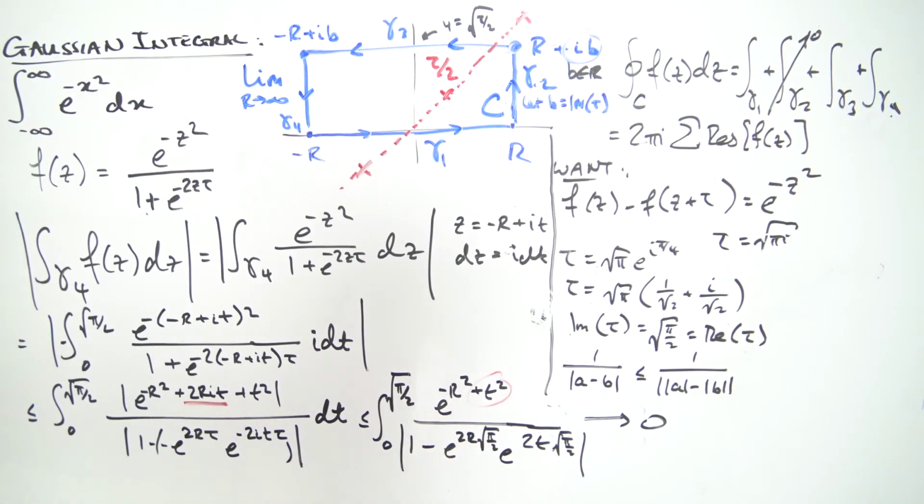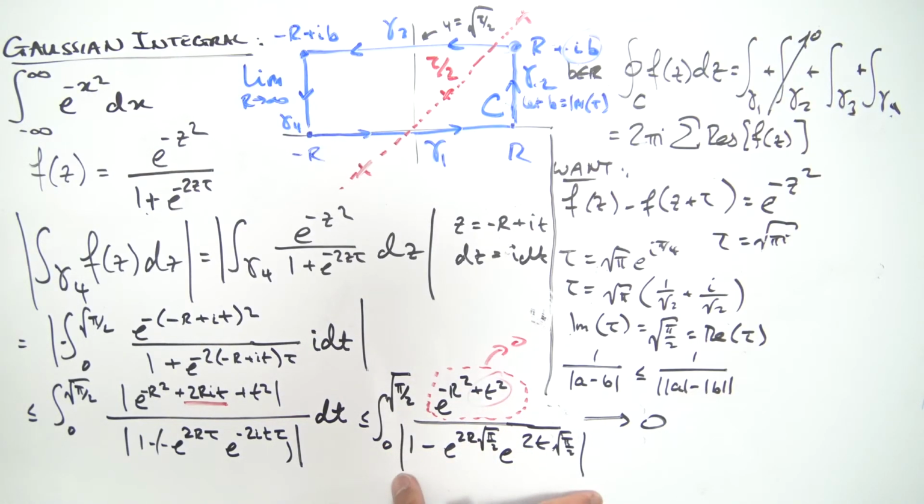gets bigger and bigger and bigger, we have an exponent that's getting smaller, so this whole entire numerator is going to approach 0 as r approaches infinity. And notice on the denominator, even though we don't have a minus r over here to make this second term go to 0, in fact what actually happens is that as r gets really big, this whole entire second term gets really big. 1 minus a big term is still a big term, but negative.